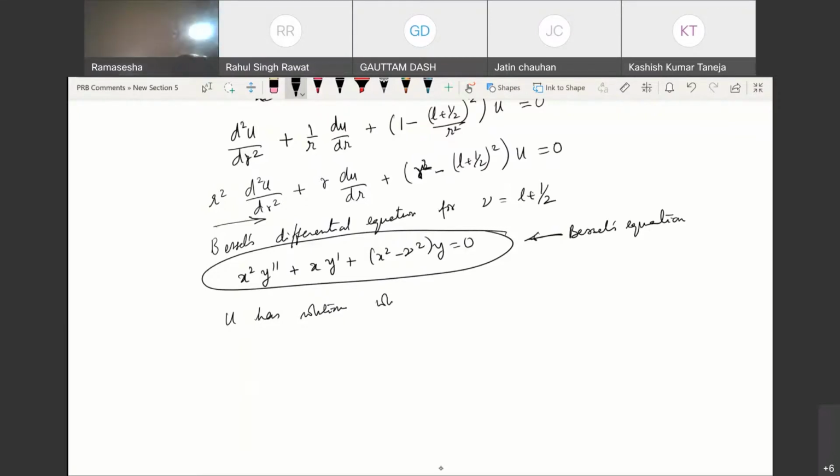Okay, corresponding to basically nu squared. If I say, then nu is equal to L plus half and nu is equal to minus L minus half. And these are linearly independent, being half integral.